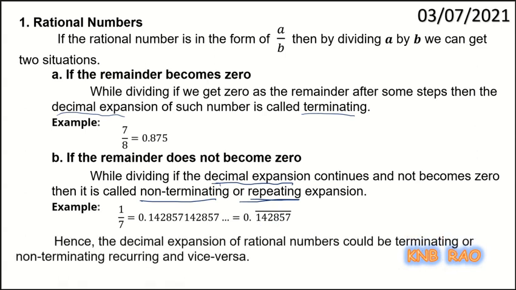Hence, the decimal expansion of the rational numbers could be either terminating or non-terminating but recurring. Okay? So, this is the definition which we give for a rational number.